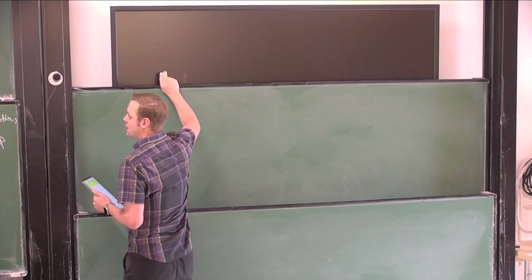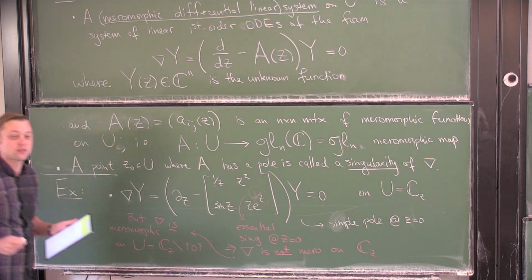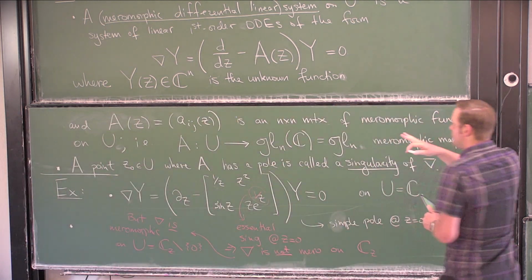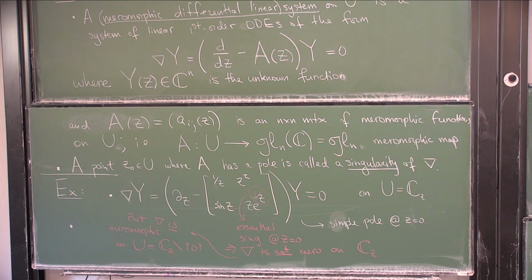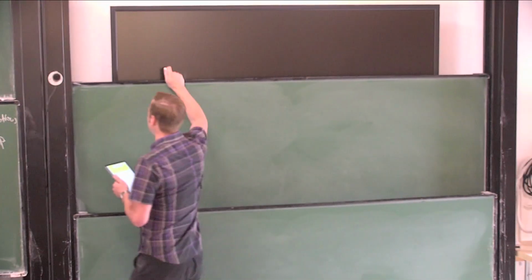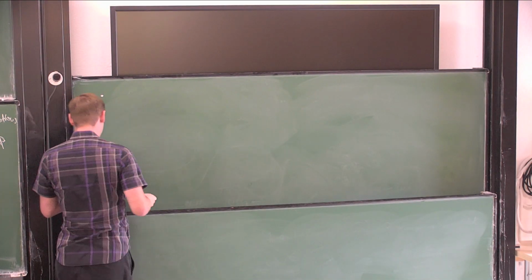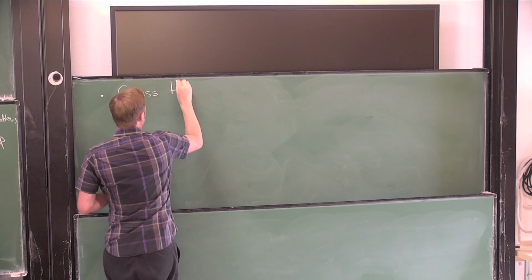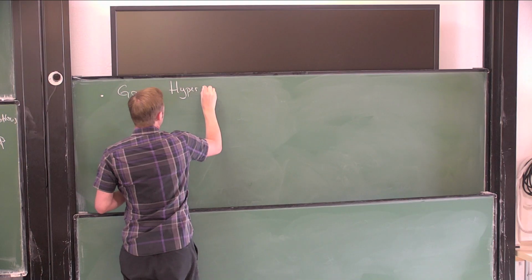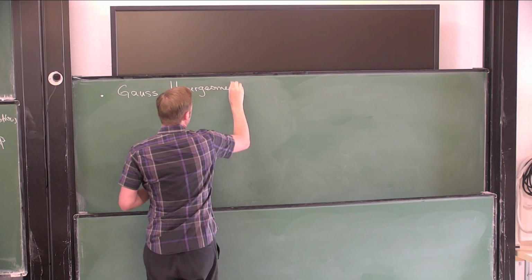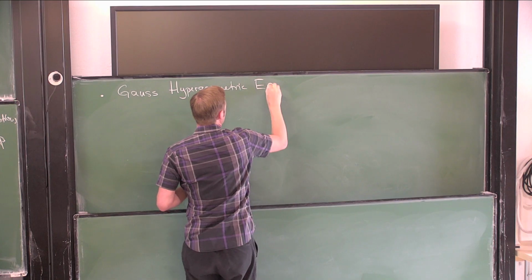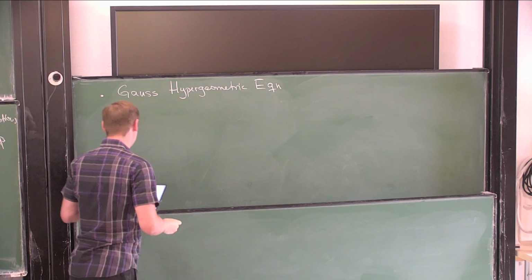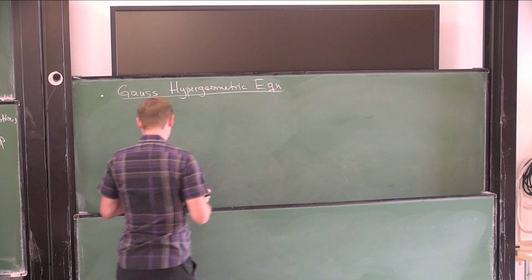So a lot of very famous equations from mathematical physics, like classical equations from mathematical physics, fall into this type. So I'll give you one example. So for instance, the Gauss hypergeometric equation. Very famous in mathematical physics.